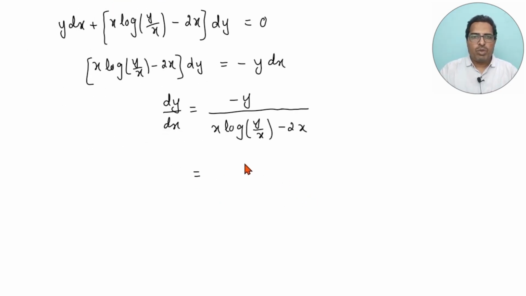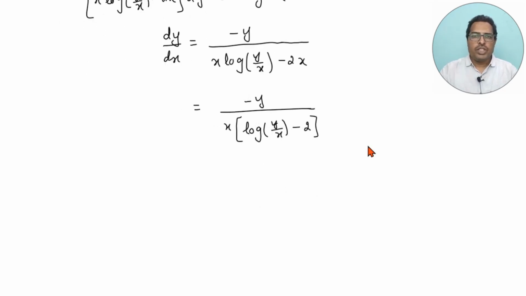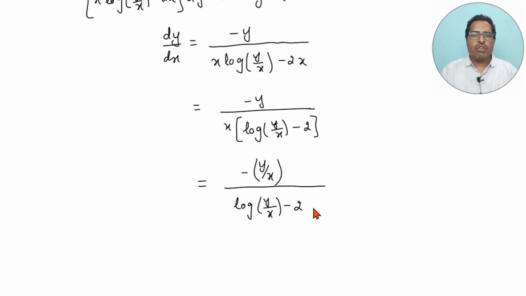If you observe here, in the denominator x is common. So let me take x common outside. I will be left with log of y by x minus 2. I can take this x into the numerator. Can I write this as minus y by x, it is whole divided by the denominator log of y by x minus 2.